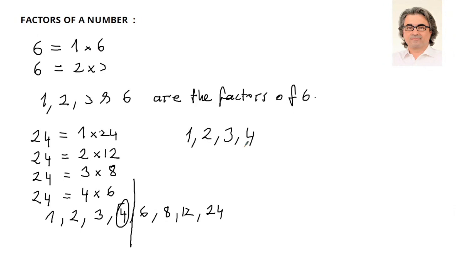Whose square at the end is less than the given number, 24. But after 4, 5 comes, 5 square is firstly becoming greater than the given number, 24.